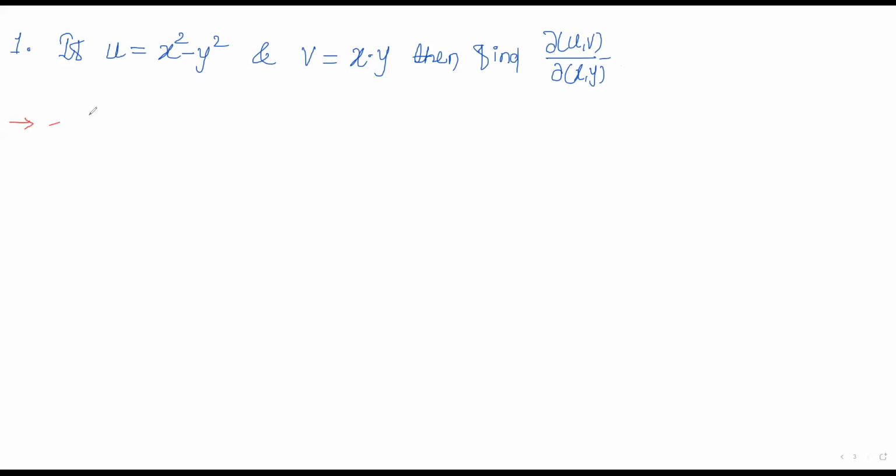What is the function? U is x square minus y square, then v is equal to x into y. So Jacobian, that is denoted by J or J of uv or dou uv by dou xy. We are finding out the determinant. Write that determinant here.